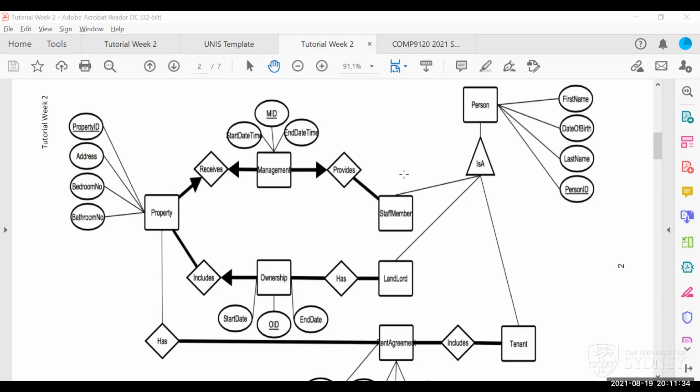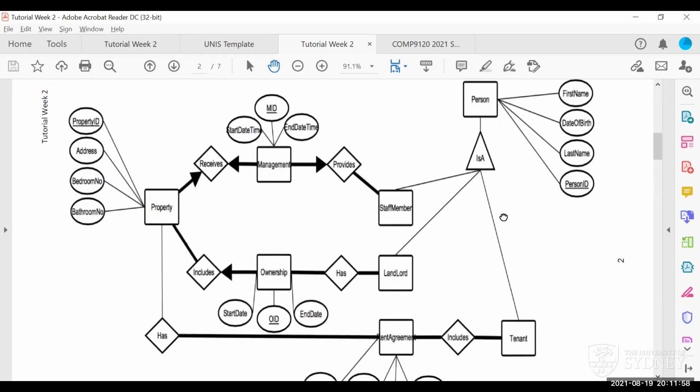The staff member has first name, last name, and date of birth. A property is owned by one or more landlords. The ownership of a property may also change over time. Okay, so that is the real estate company scenario that we are given.